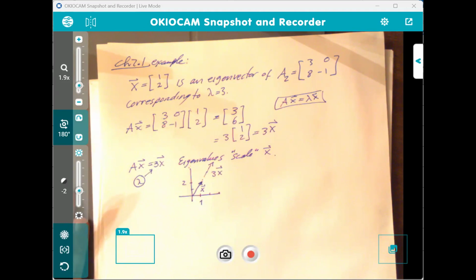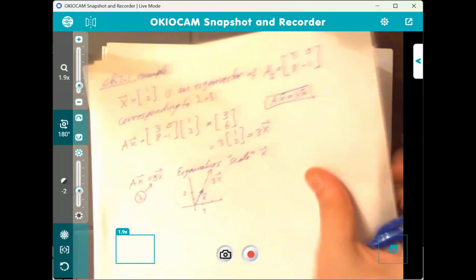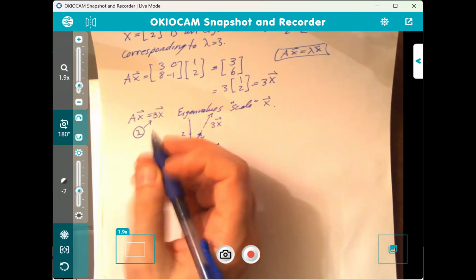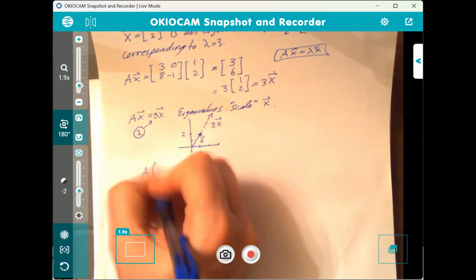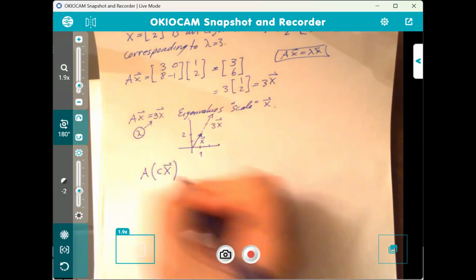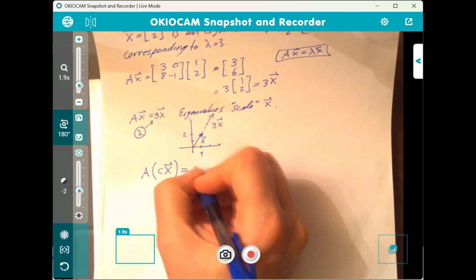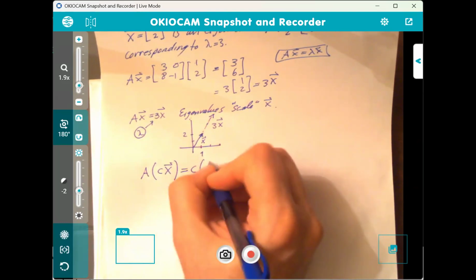Okay. Now, let me go back to my notepad here and let me share something with you. So if we have an eigenspace, then A times Cx can be written as C times Ax.